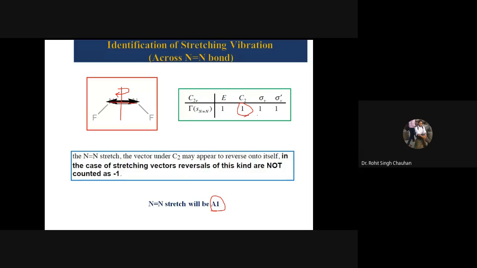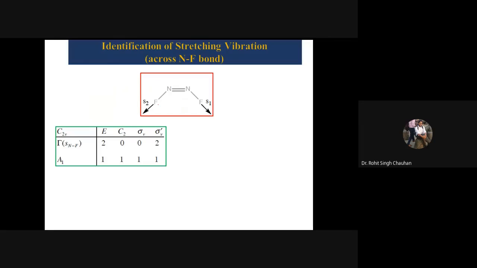The next is the second bond length, that is NF. Now see what would happen. Along the NF, through E, how many NF bonds are going to be unshifted? Of course 2. Why? It is 360. So 1 and 2. Through C2, whether the NF bond is going to be unshifted or shifted.